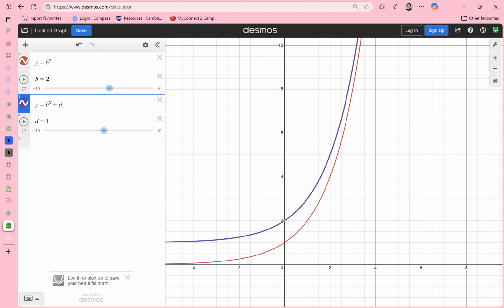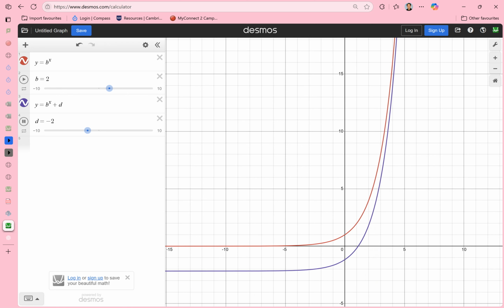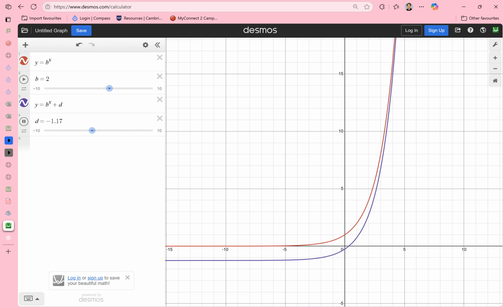Okay, so we said if we add on a number, it should shift the graph up or down. So watch what happens when I press play. You see that graph? When it's minus, it shifts the graph down. When it's positive, it shifts the graph up. Okay, so the plus d will tell you if it goes up or down.